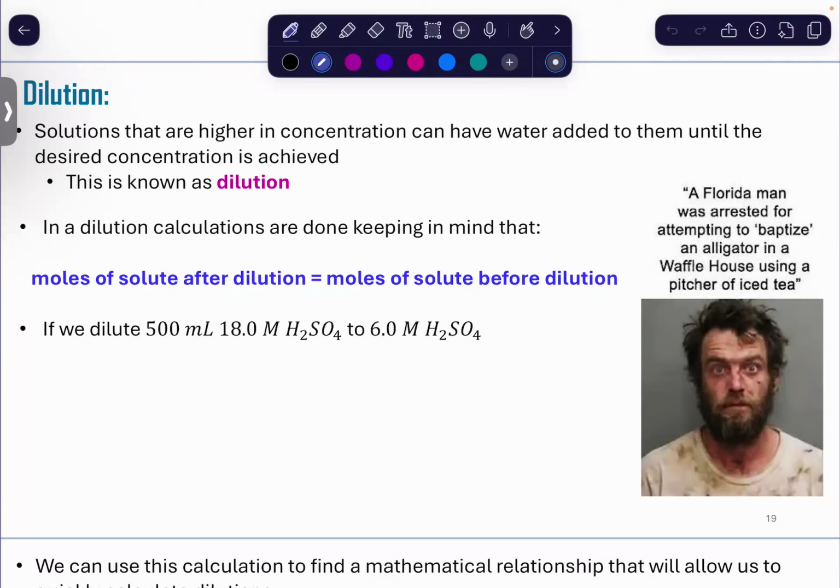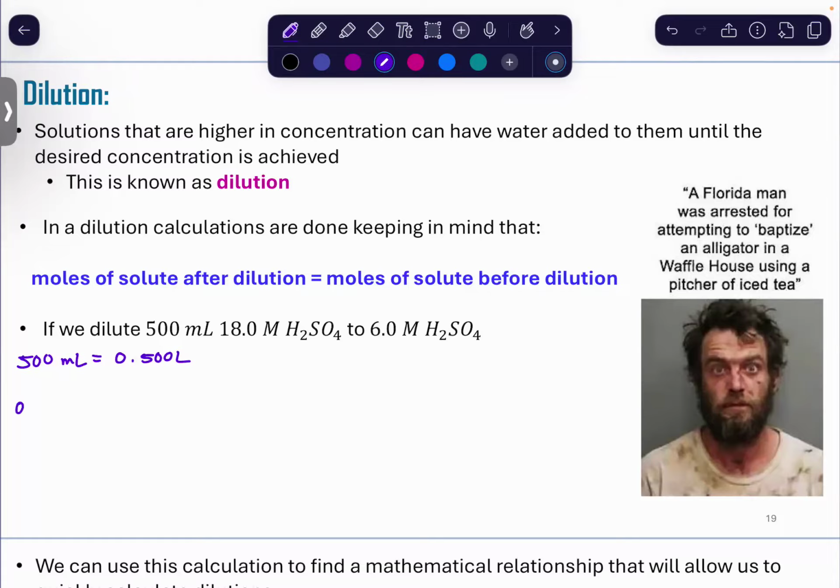So it's like if we dilute 500 milliliters of 18 molar sulfuric acid to 6 molar sulfuric acid, well, the moles of sulfuric acid are not going to change. So we could probably figure out what those are. I'm just going to work in liters because I have molarities and that's moles per liter.